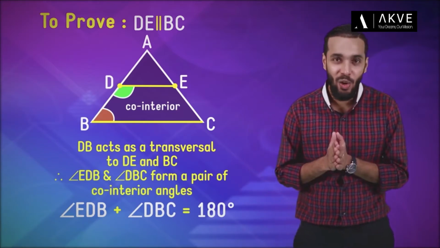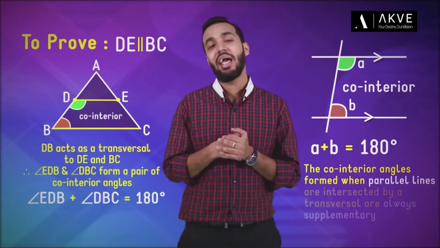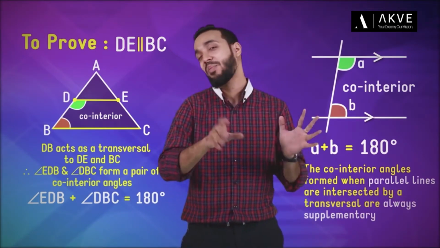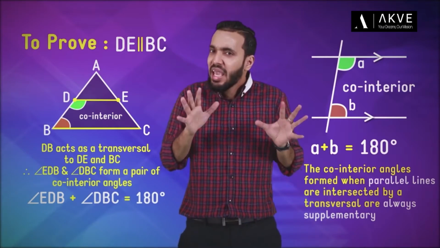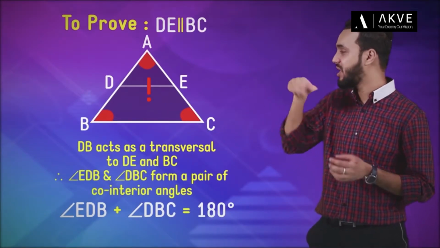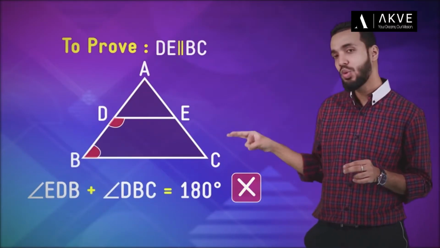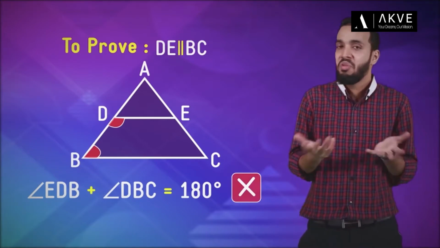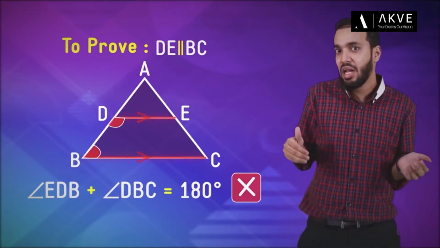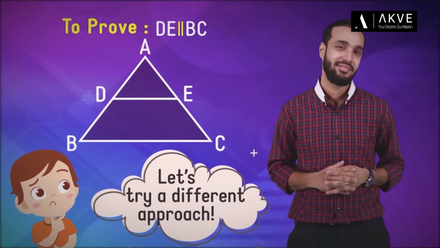And as you already know, the co-interior angles formed when parallel lines are intersected by a transversal are always supplementary. But the catch is that there's nothing that we know about the angles of this triangle. So we have no means to prove that these two angles are supplementary. We can't prove that DE and BC are parallel using this method. We have to try for a different approach.